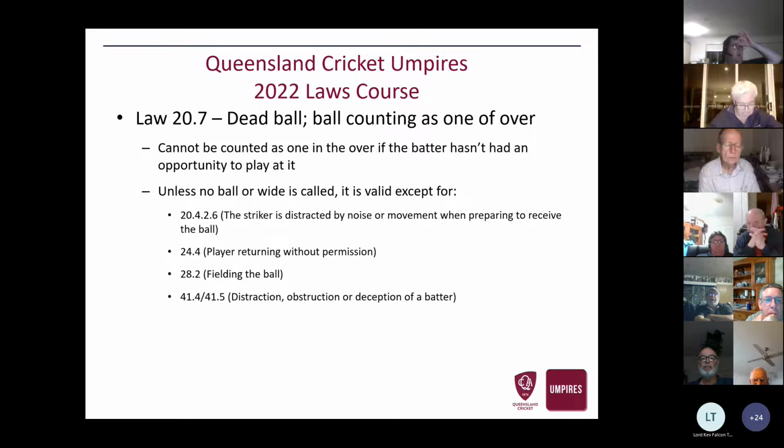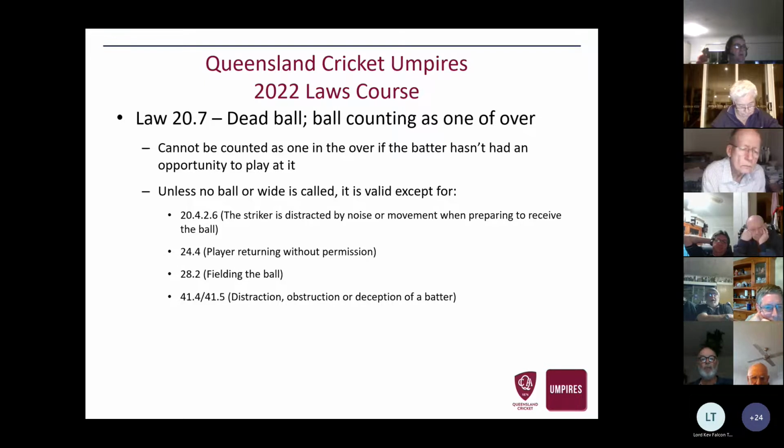20.7 talks to when a dead ball actually counts as one valid ball in the over. So as we said before, around what constitutes a valid delivery, a ball can't be counted as one in the over if the batter hasn't had an opportunity to play at it.